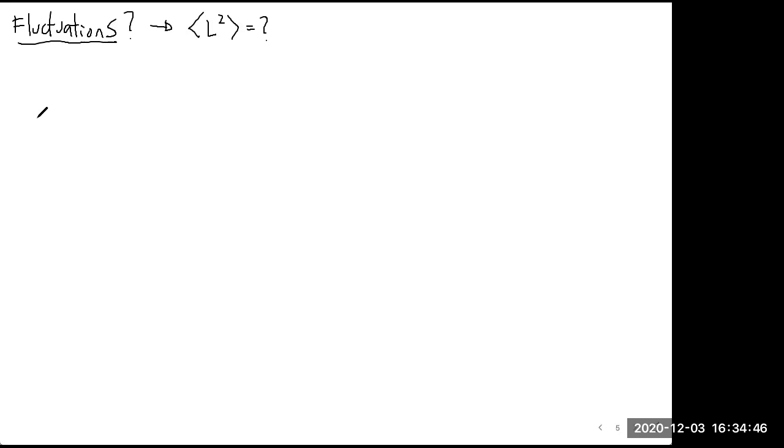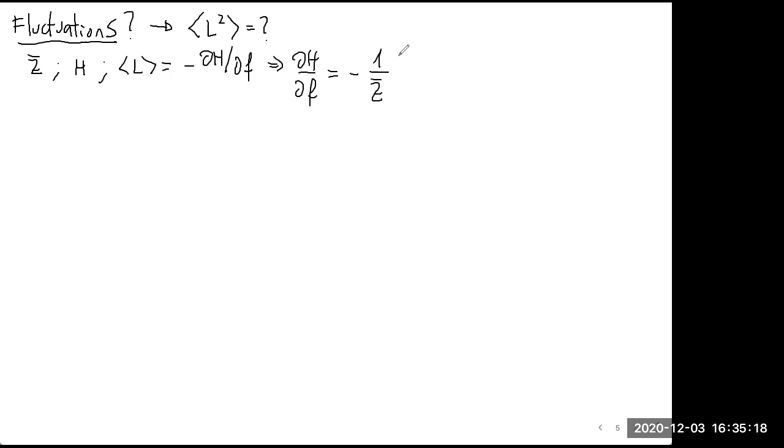So we know, as I explained to you before, what is Z. We know what is H, and we know that average L is minus partial H with respect to F. Okay, this was in the previous part of the lecture. Now, just remember that partial H with respect to F is average L, and average L is nothing but 1 over Z the sum of L_n e to the minus beta E_n minus f L_n.